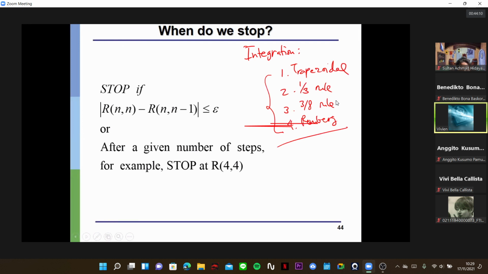Now we will continue to differentiation. Before, we just finished integration, and now we also have differentiation. When we talk about differentiation, we have learned about that as well when we learned about Taylor series expansion. Remember? So I will open the slide here.